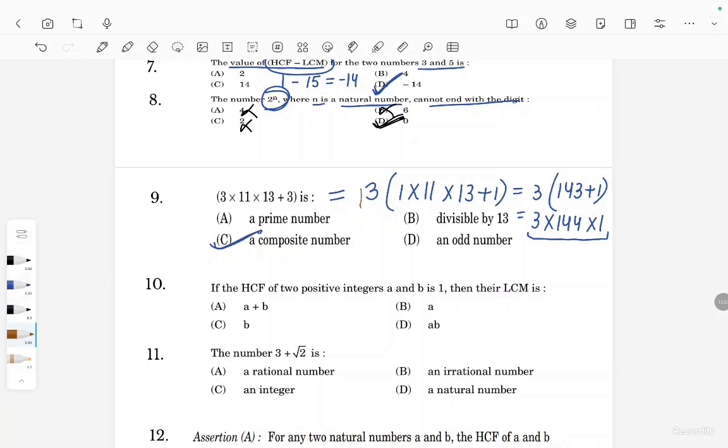The 10th seems to be a very difficult MCQ, but it's very easy. It is saying that if HCF of two numbers A and B is 1, then what is the LCM? We know that HCF into LCM equals the product of the two numbers, and the two numbers here are A and B. HCF is 1.